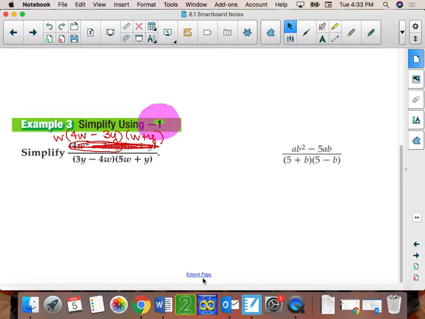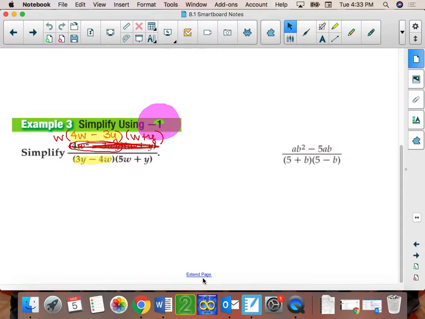Okay, and if you look on bottom here, there's nothing I can take out of this binomial. They don't have anything in common, and this one doesn't have anything in common. So now I'm looking to cancel and to simplify. If you notice here, these are really close to being the same. The only thing that is off are the signs. So if my 4w were negative and my 3y were positive here on the bottom, then this would cancel.